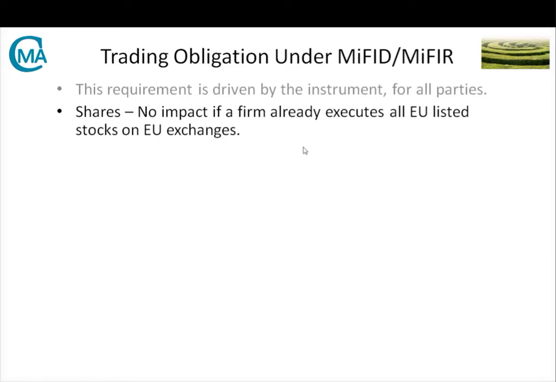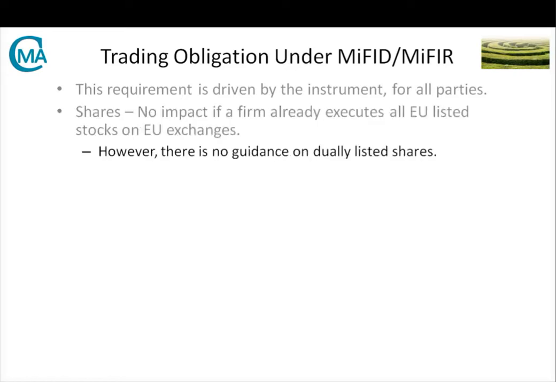But we're already starting to see in Europe a significant growth in dark pools. And if a dark pool is not considered a venue, a listed venue under ESMA, then that dark pool business may have to be moved to a different venue. There's no guidance on dually listed shares.